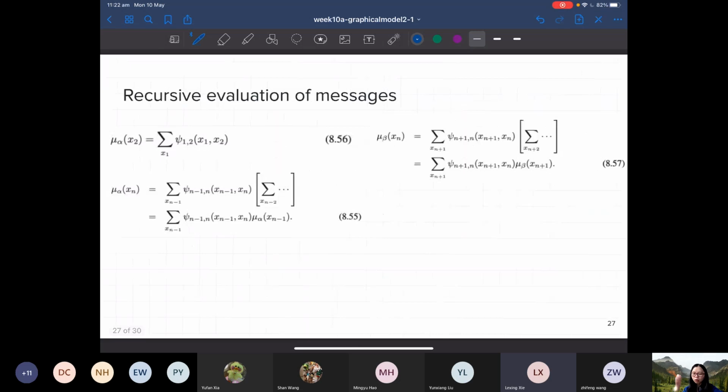Or if we treat mu of beta xn as 1, that also works. So this is the first message, and then we recursively define this message as the message on the previous node times the potential function with the previous node marginalized out. Same thing goes with the backward messages mu of beta.